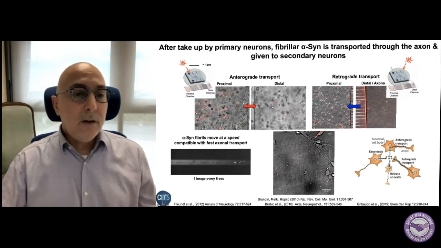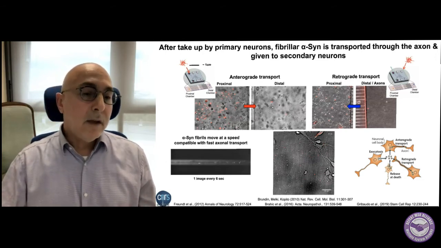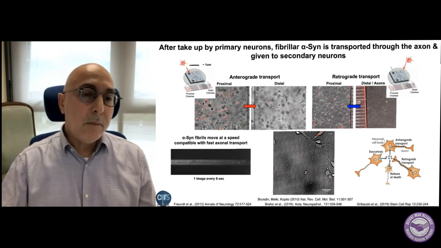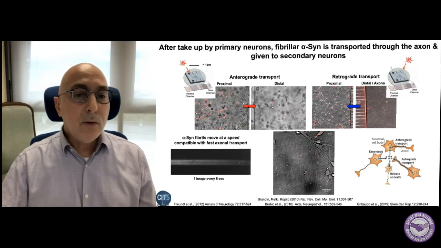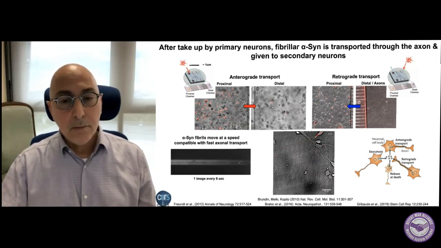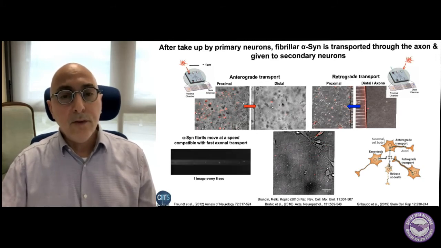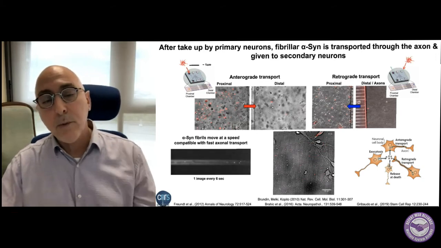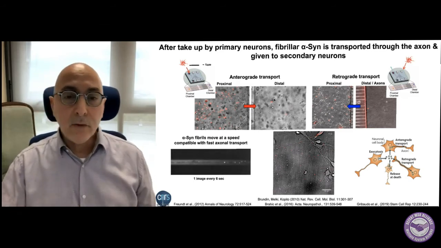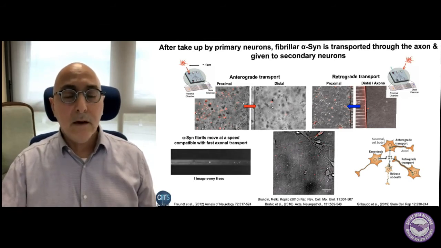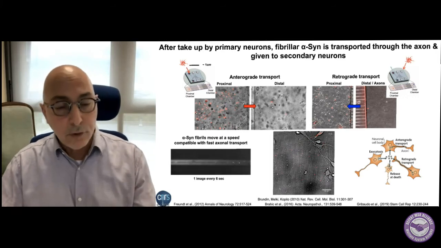When we added the alpha-synuclein fibrils to the cell body, we saw them labeled in red, and we saw transport of these aggregates to the axonal part of the neuron. And because we had neurons sitting in this other chamber where we have the axons, we saw uptake of the aggregates by these secondary neurons.